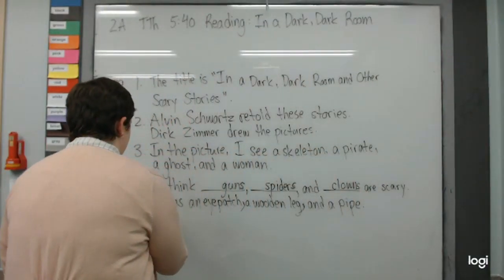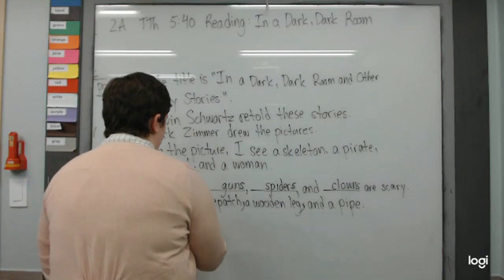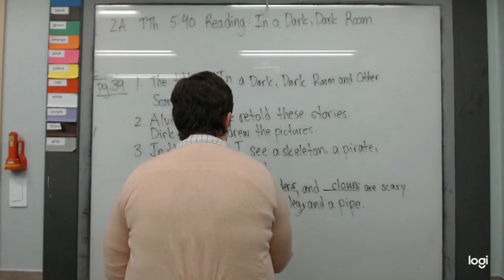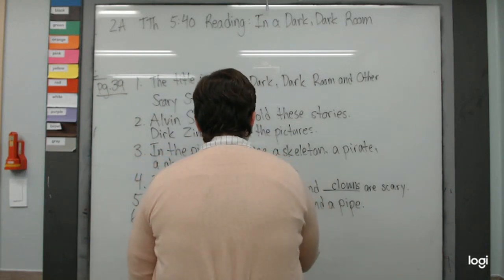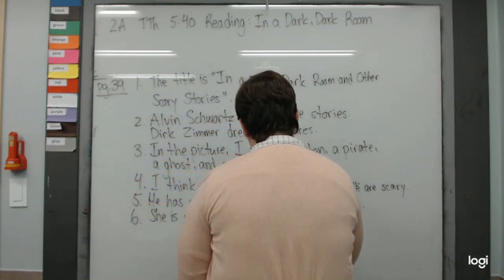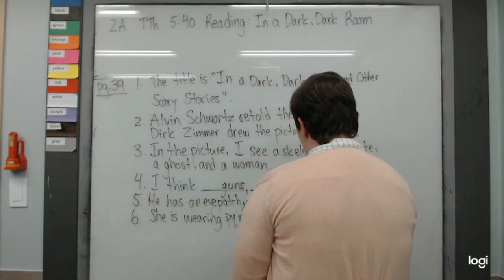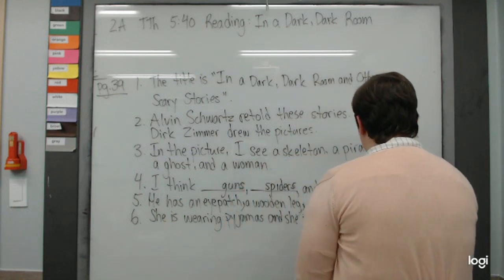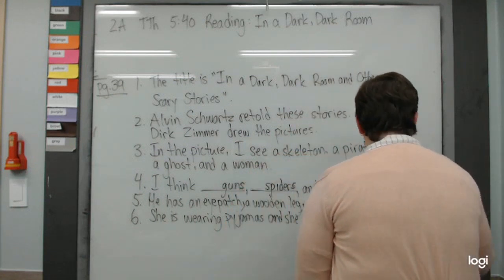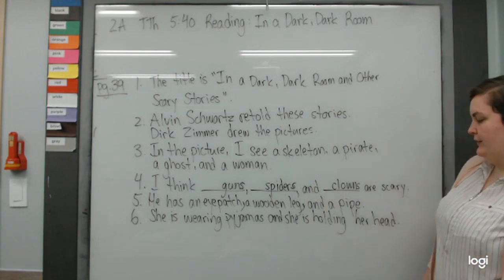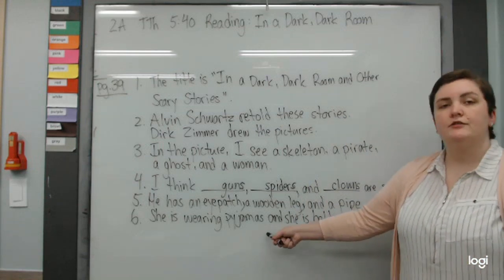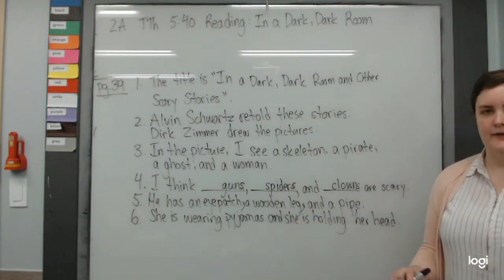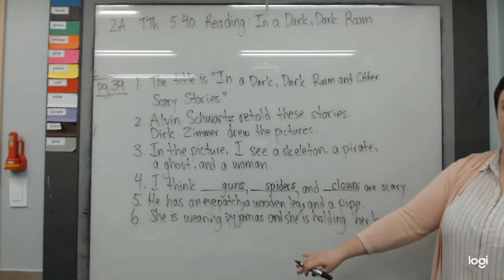So, she is wearing pajamas. She is wearing pajamas and she is holding her head. When we have two things, we don't make a list, we don't use commas, we only put and between. So not comma and, just and.